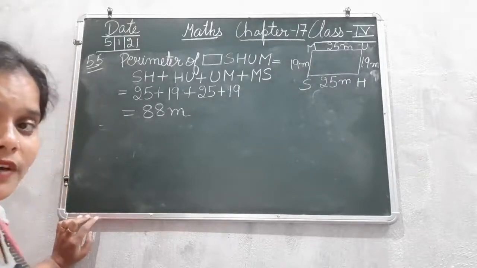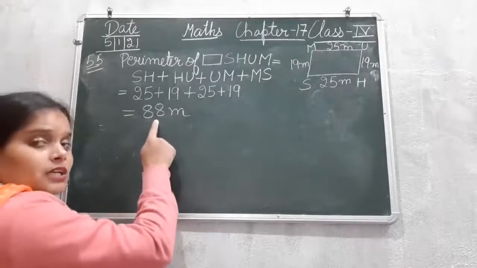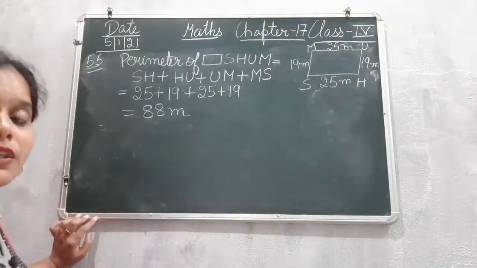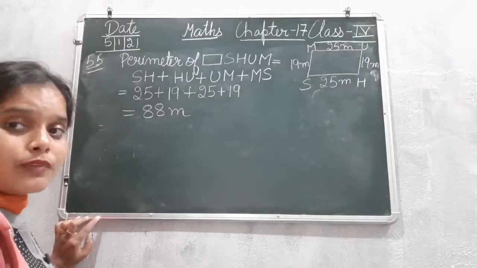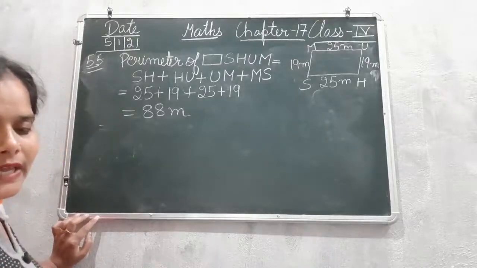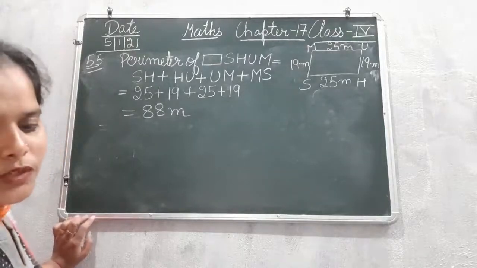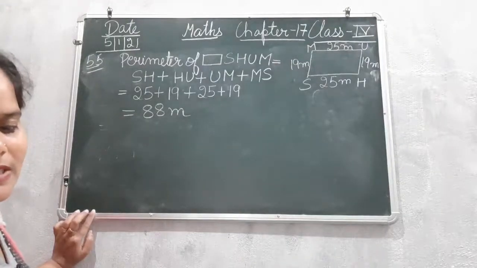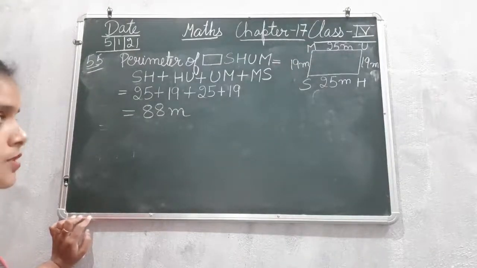So distance covered in one round is 88 meter. Distance covered in 3 rounds, for that we will multiply it with 3.